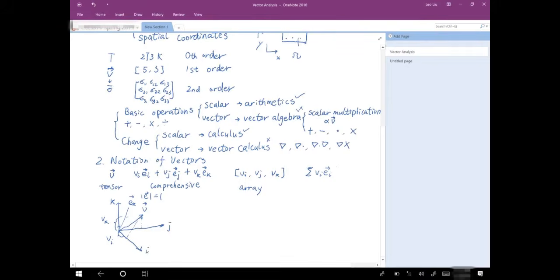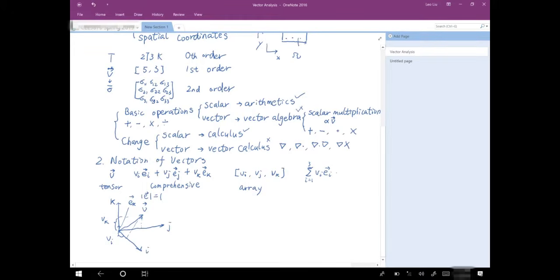And here we have a summation sign. This i, for example, if it's a 3D space, means from 1 to 3, or from x to z. So some people prefer to omit this summation sign.